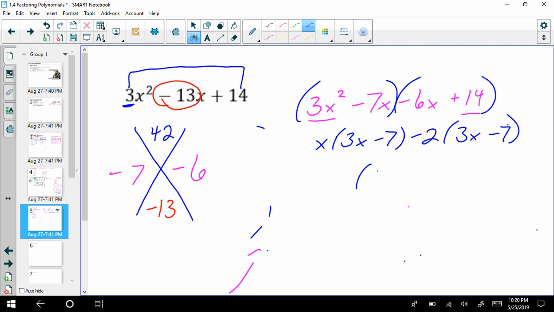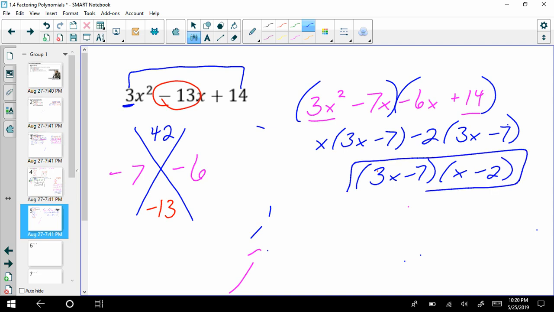So to finish it, if I pull the 3x minus 7 off of both, I'll have an x and a minus 2 left. There is the factored form. By the way, that is the same thing as if you had this. The order doesn't matter to me because they're multiplied. I don't care which way you write it.